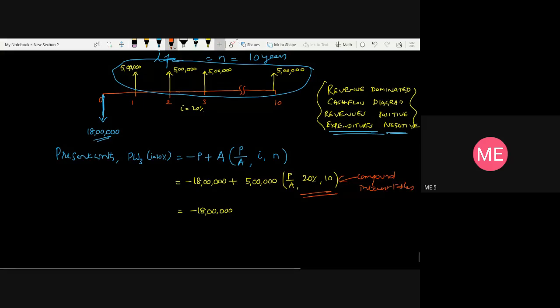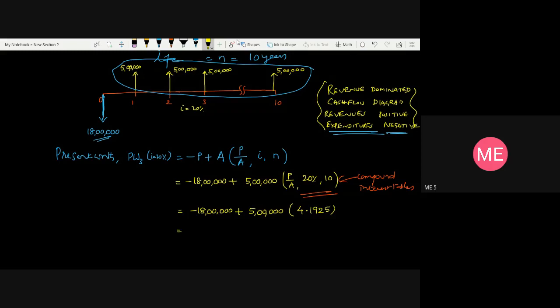Anyhow, for all the three alternatives the factor is the same. So 5 lakhs, then I got 4.1925.